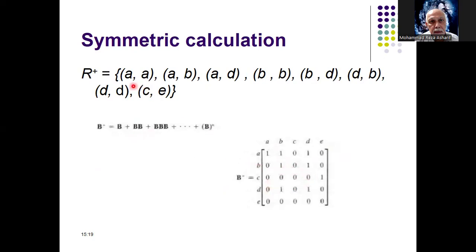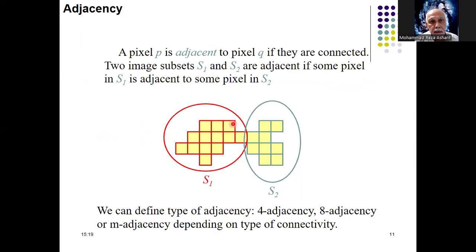So if you want to make this R plus set, which is the B plus matrix, you should follow this kind of calculation, and this is up to you to make this kind of relation. Okay.